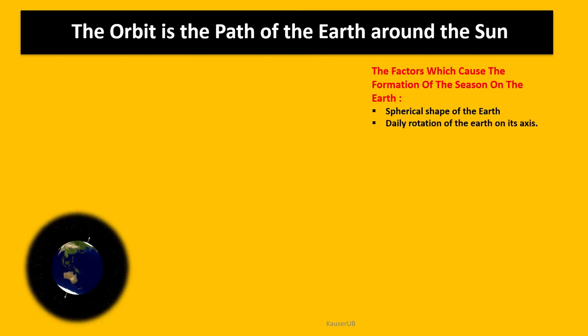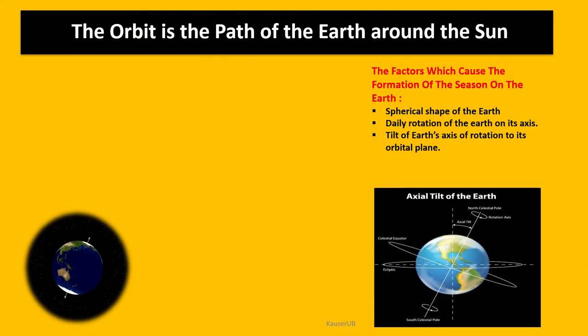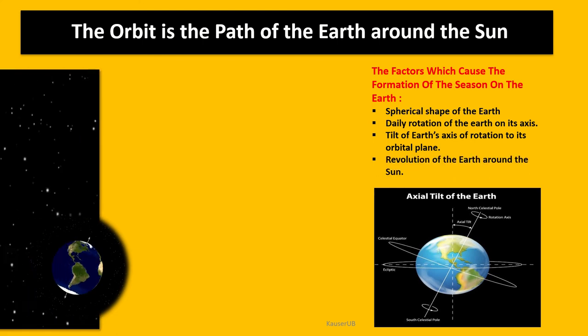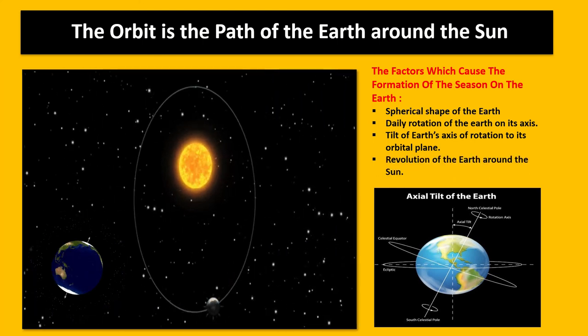Daily rotation of the earth on its axis. The tilt of Earth's axis of rotation to its orbital plane, and finally, revolution of the Earth around the Sun.